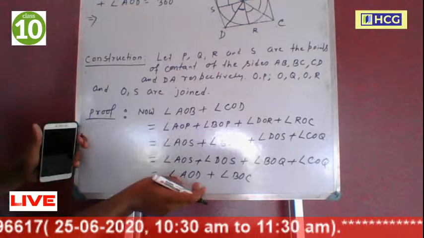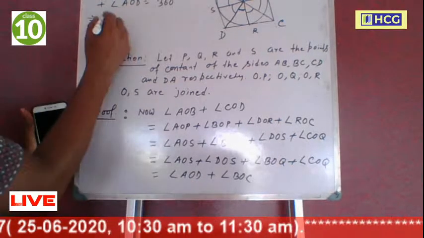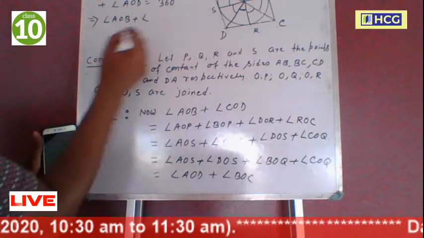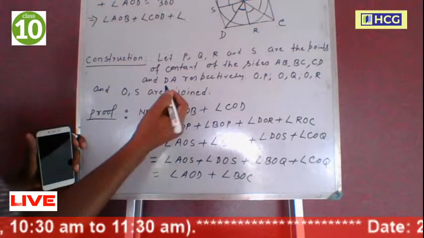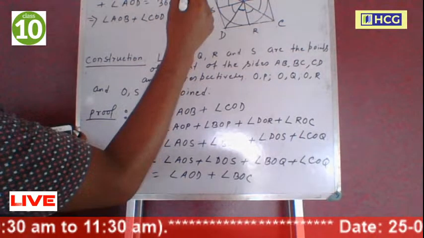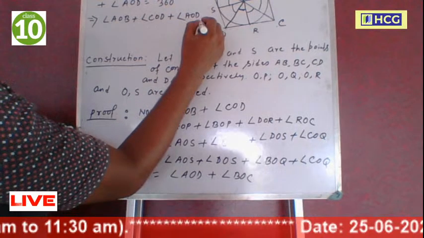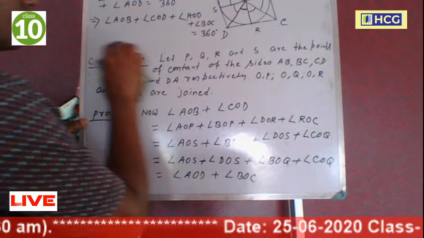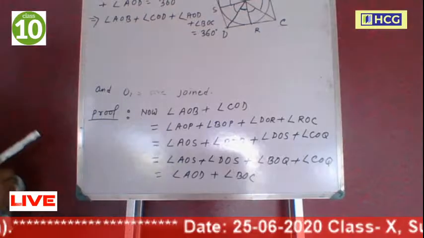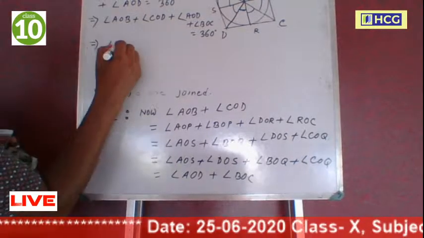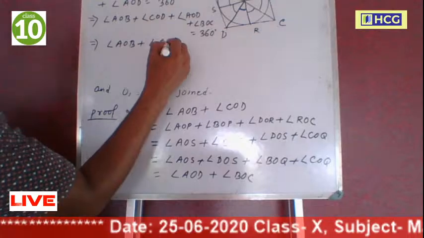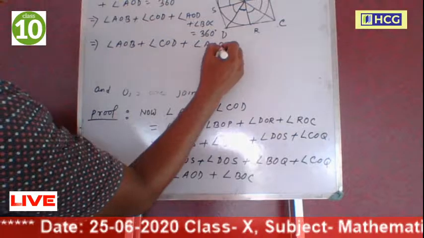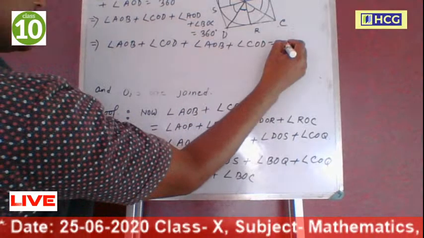Now AOB plus COD equals AOD plus BOC, and rearranging the terms, this implies that twice the sum of AOB plus COD is equal to 360 degrees.